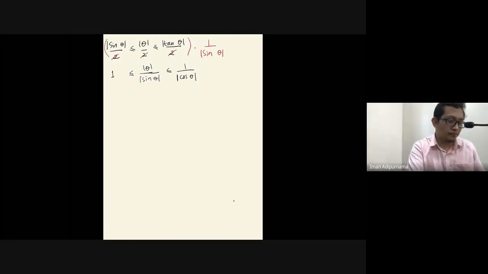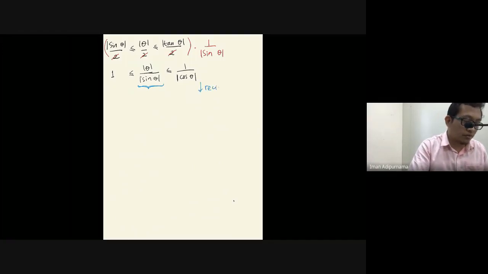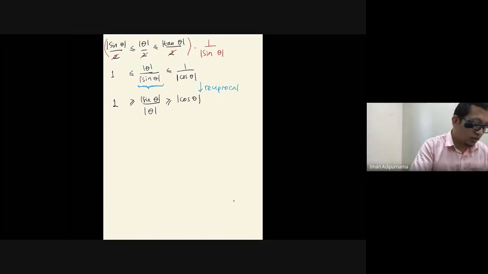Because we already have our functions that we want to approach here, but it seems flipped, right? So let's reciprocate all of this. Reciprocal. And then it will be 1, and then approach the limit as theta goes to 0, 1.